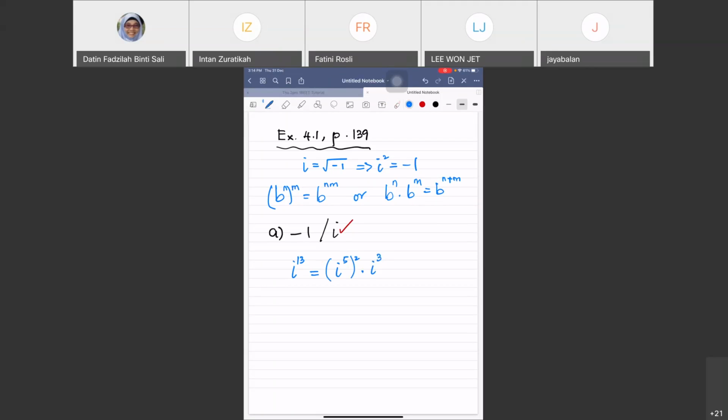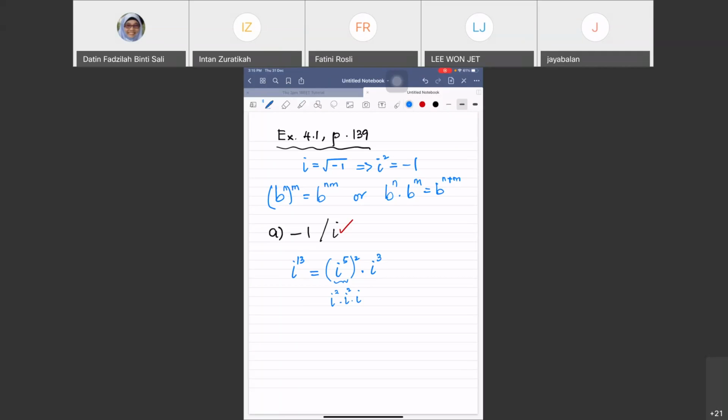What you need to do is to figure out what is i power 5. So i power 5 is the same as i squared times i squared times i.